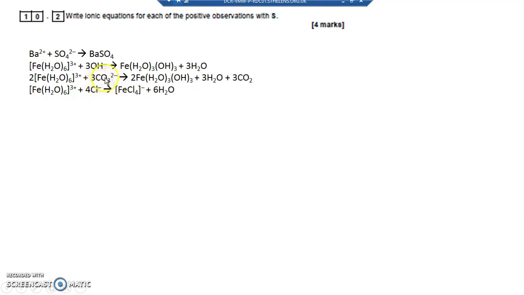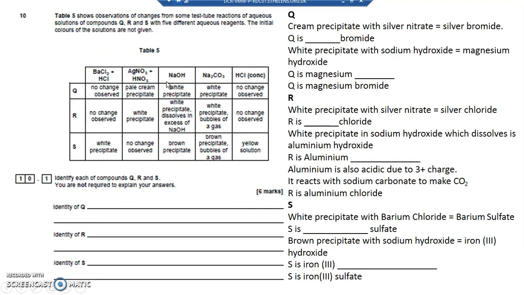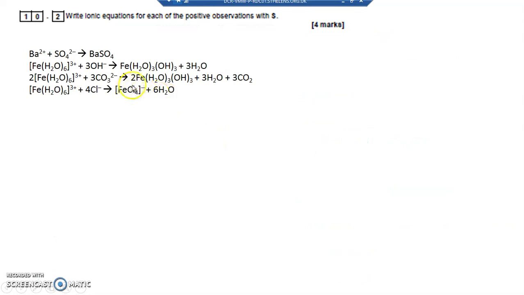Carbon's +4, so there's 2- left over. The carbonate ions are making the brown precipitate again, which is Fe(H2O)3(OH)3, iron 3 hydroxide, same as before. It'll make some water and it'll make some carbon dioxide as the bubbles of the gas.